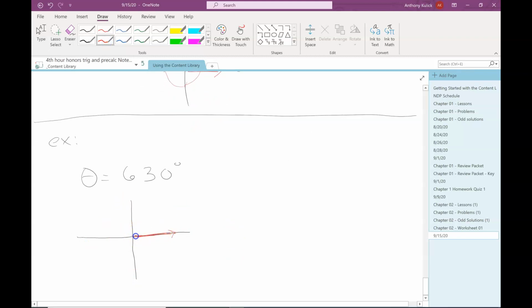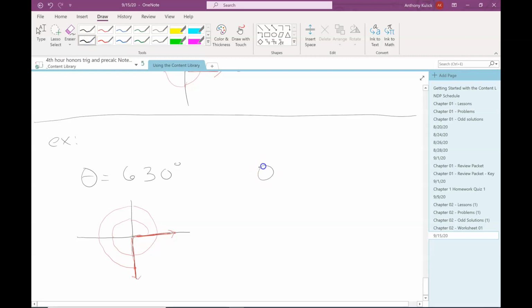So we have our initial side going counterclockwise, 90, 180, 270, 360, 450, 540, and then I'd be at 630 right there. Is everybody okay with what we did there?